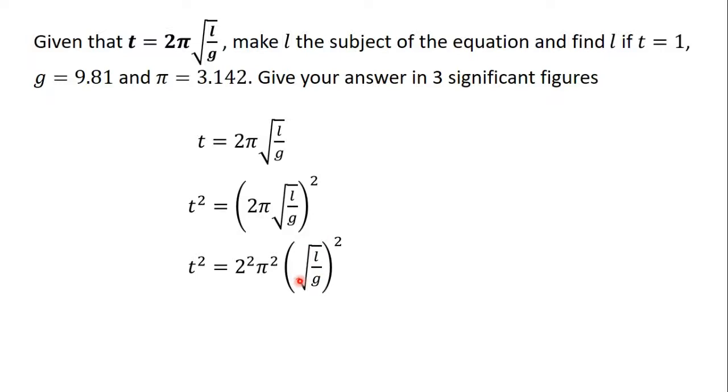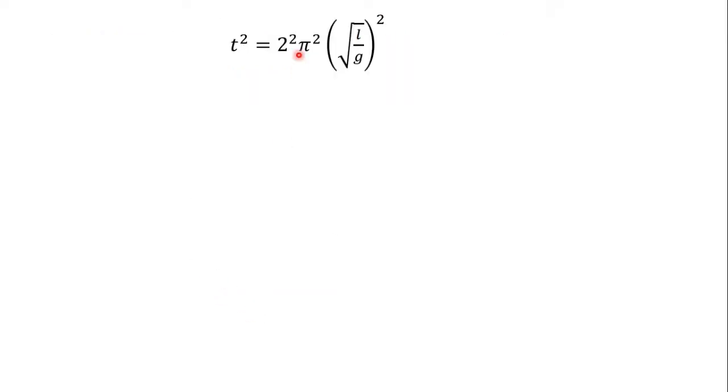That's what I meant by squaring everything on the left hand side and on the right hand side. Okay, let's move on. T squared, so we have t squared. 2 squared, 2 raised to the power 2. We know from indices that 2 raised to the power 2 is 4. Pi squared, so we have pi squared.